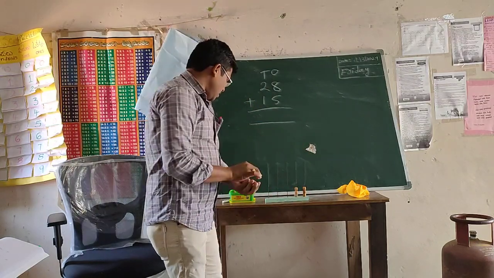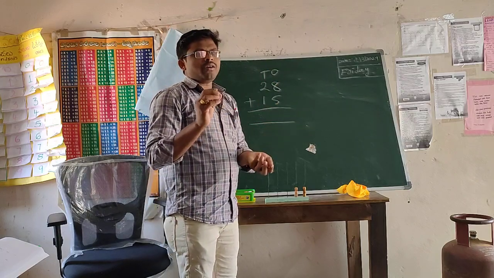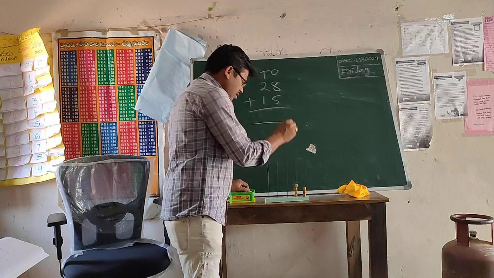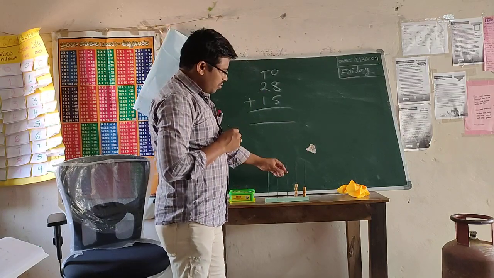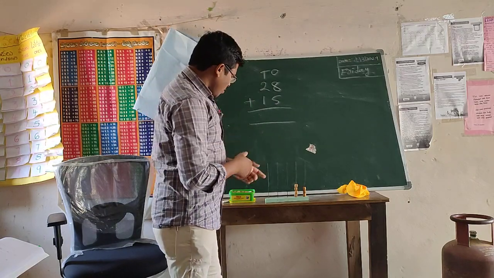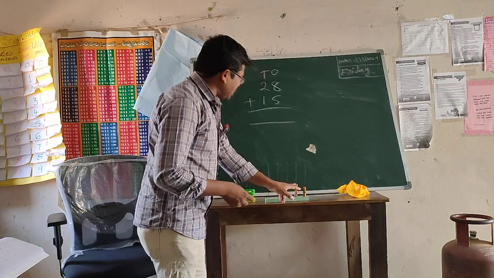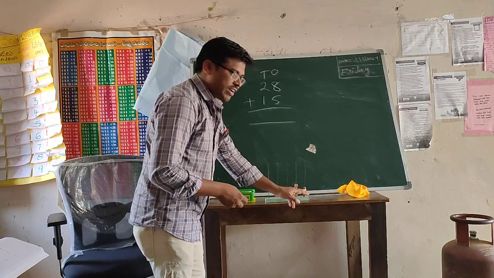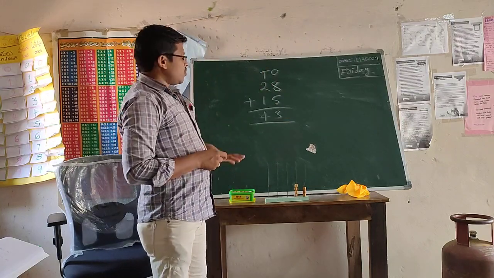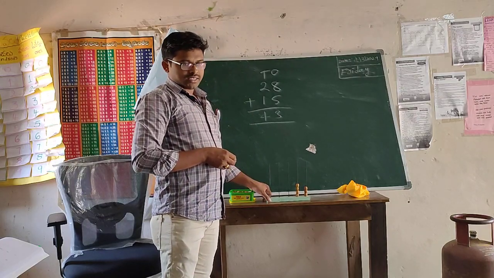So those 10 ones are regrouped: we add 1 bead in the tens place. Okay, now tell me the answer. Yes, 4 tens, 40, 3 ones, 3. 43. So this way we can do addition with the help of the abacus.